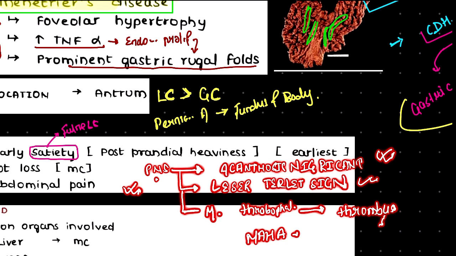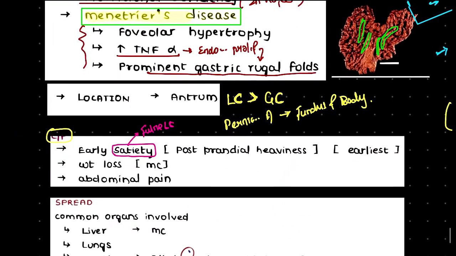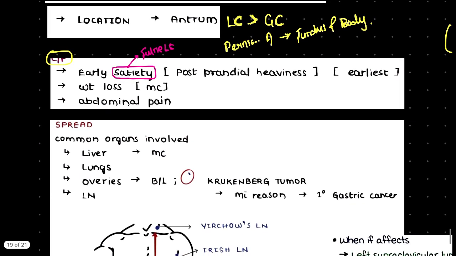Okay, now this was about the clinical features of the patient suffering from adenocarcinoma. Since this is a malignant tumor, obviously it has a feature of metastasis or spreading.